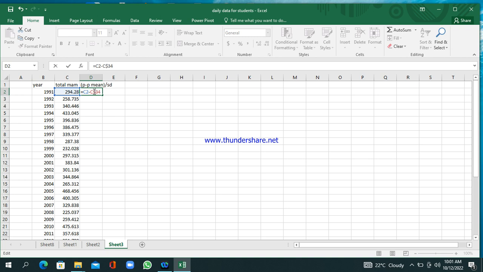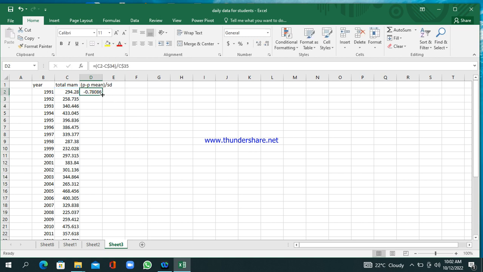Dollar. Then close, then divide by standard deviation. What is the standard deviation? Is here. Then the standard deviation is also closed by dollar because it is constant. For a constant, it should be closed by dollar. Then enter.